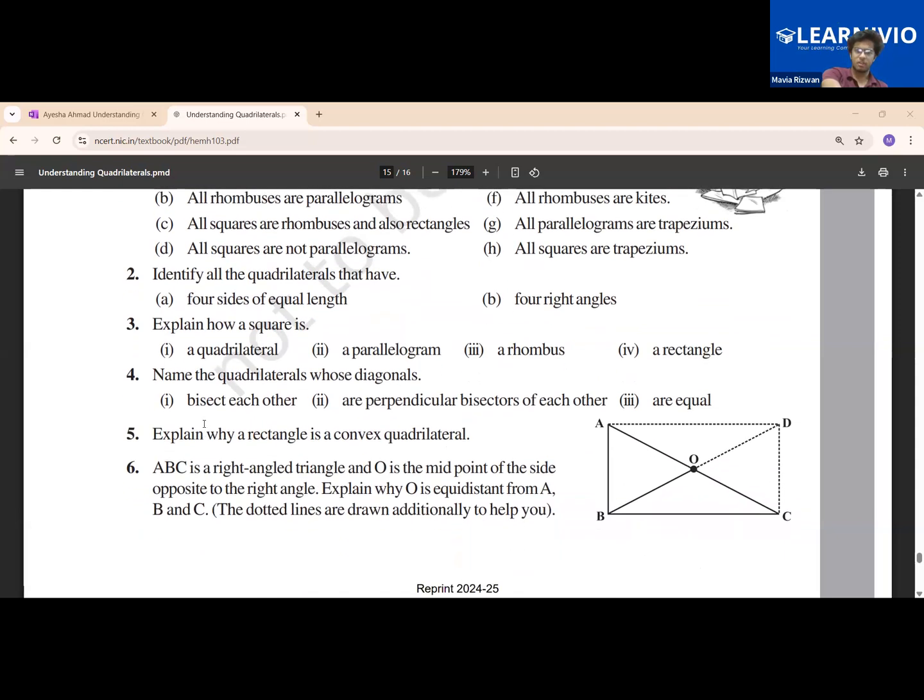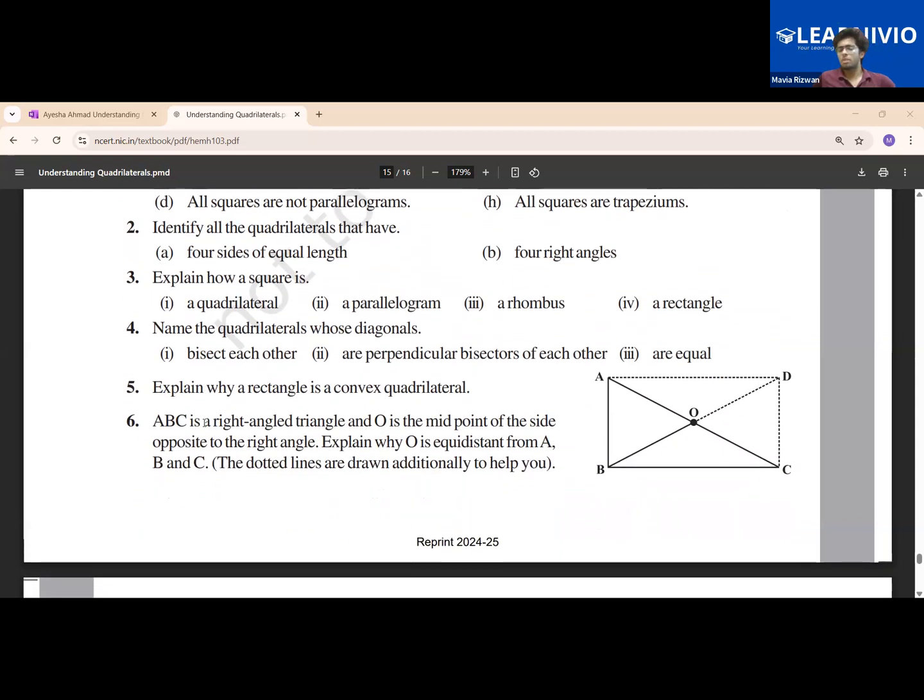I'll skip this one. Explain why a rectangle is a convex quadrilateral. Actually, do you remember what a convex quadrilateral was? See, a convex quadrilateral was a quadrilateral in which the interior angles were like this.